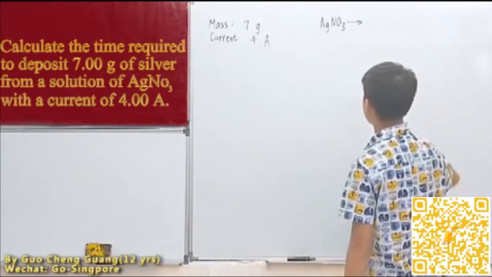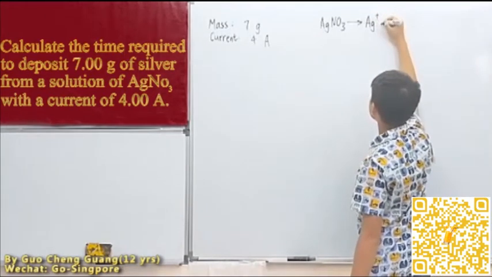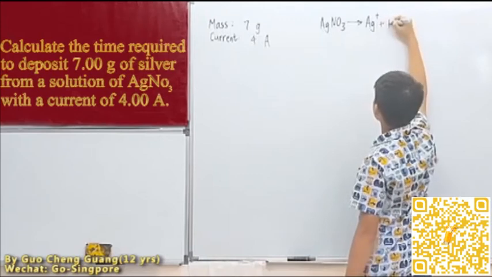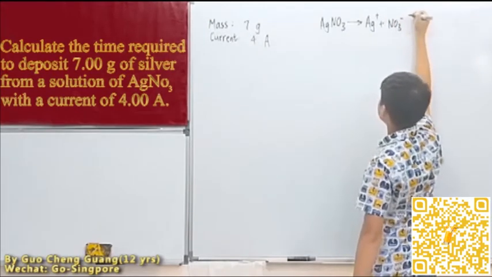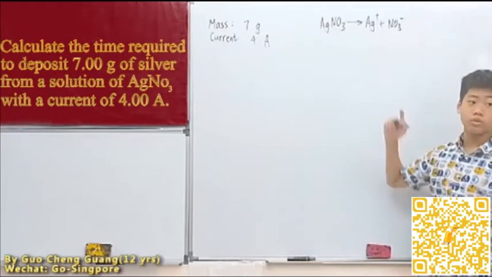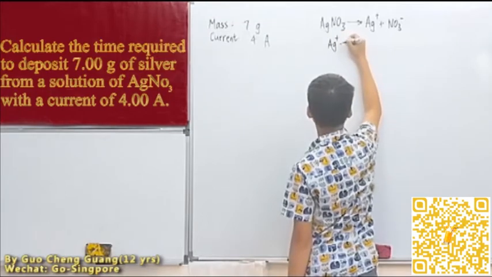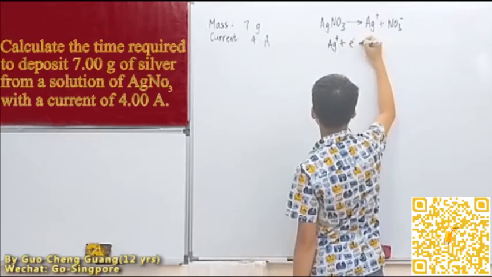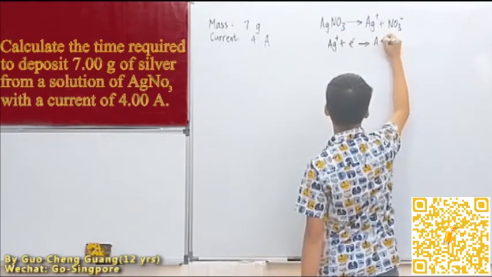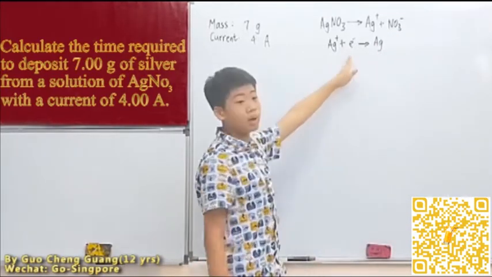It is changed into Ag plus, then you add NO3 minus. Then Ag plus, you need to add one electron in order to get Ag. That means you need 1 electron.